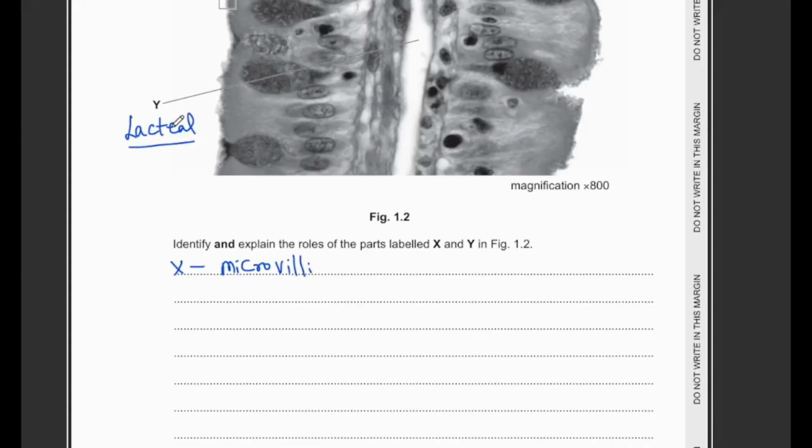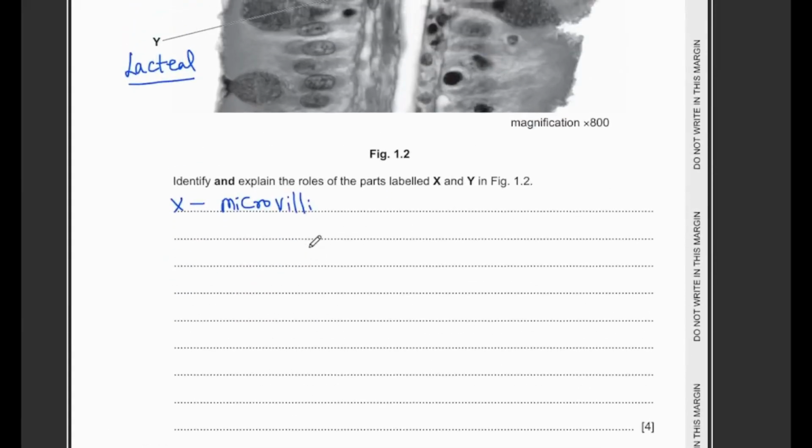In the human digestion topic, chapter 7, you will find the same structure of a small villi, diagrammatic part, and there you will see microvilli, lacteals, and the blood vessels and capillaries which are supplying the blood. So we have identified X part is a microvilli, Y part is lacteal. So let's explain the role, and this should carry 4 marks. That means identification we got 1. Now 2 roles of microvilli we have to explain.